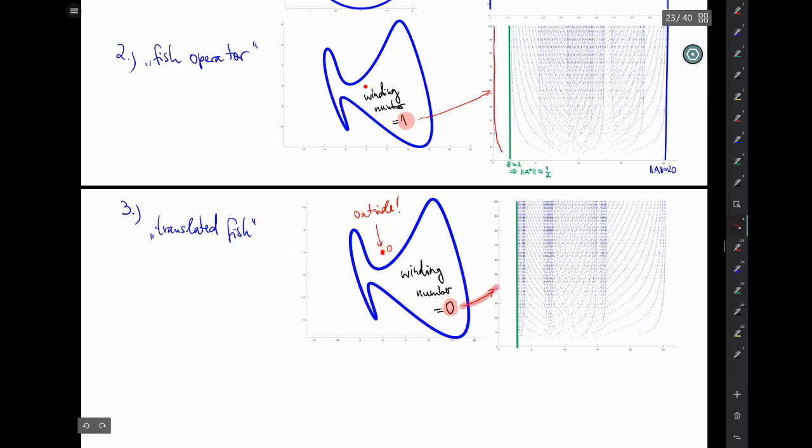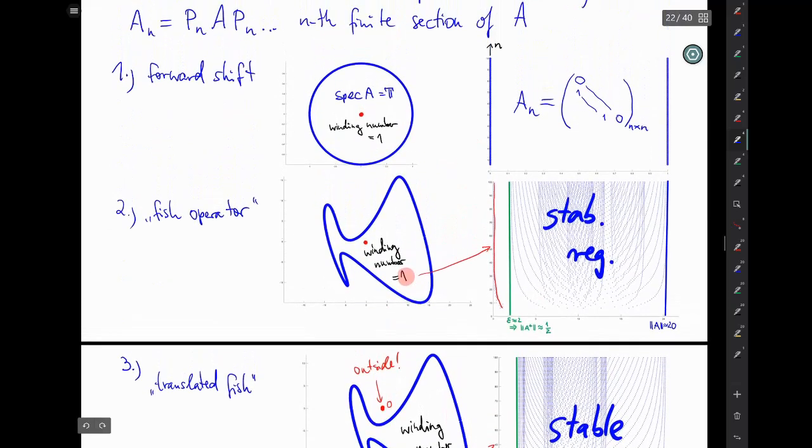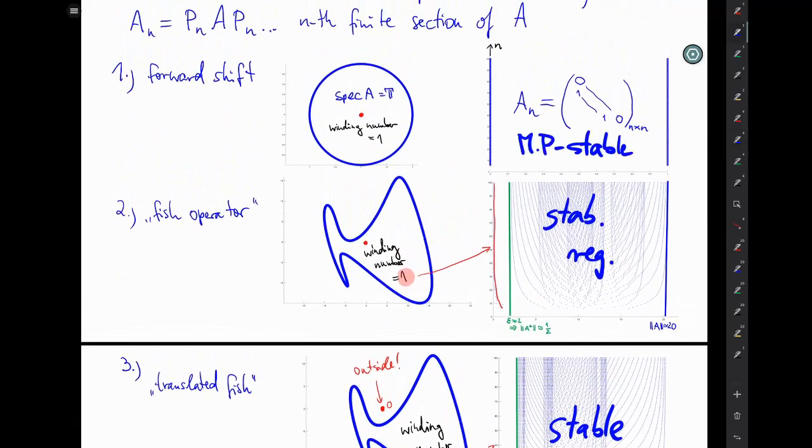And that means no singular value is running into 0. Everyone is staying nicely away from 0. Now this is stable. Whereas the previous example was stably regularizable, and our first example was Moore-Penrose stable.